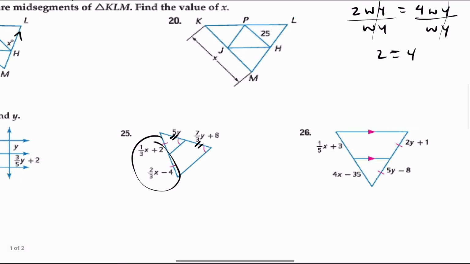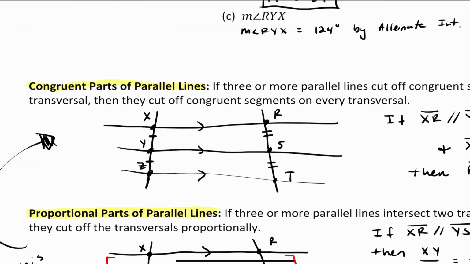And then the same thing with 26. Take these, equal that, and put those two congruent marks here because that's using the congruent parts of parallel lines theorem.